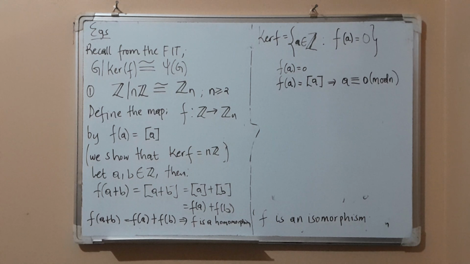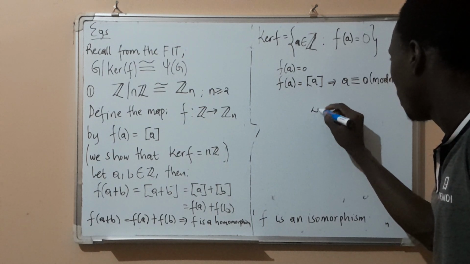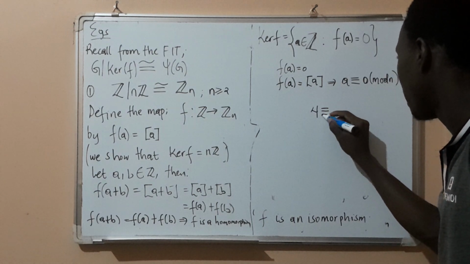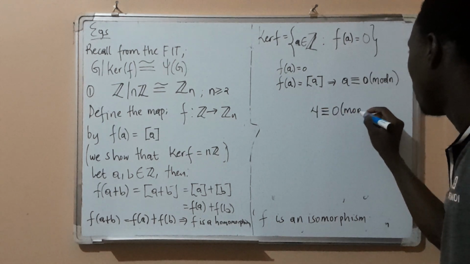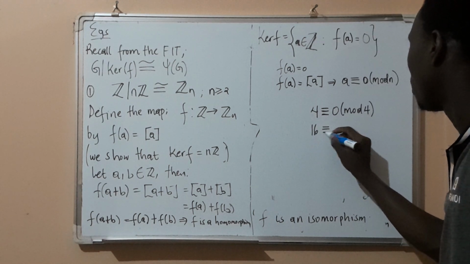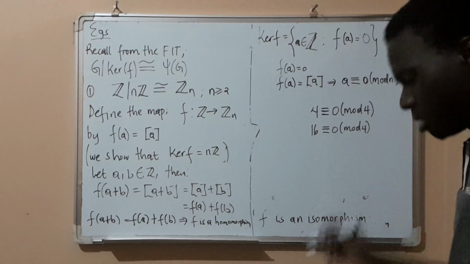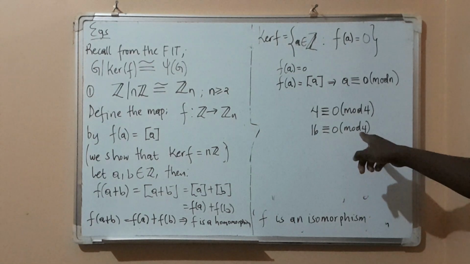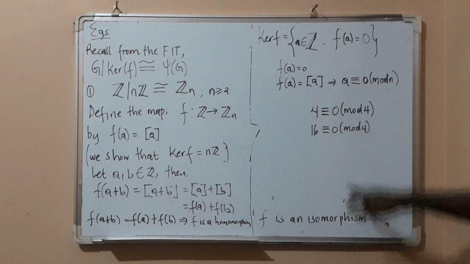For example, let me give you a simple example. 4 is congruent to 0 mod 4, and also 16 is congruent to 0 mod 4. The reason is simple. 4 divides 16, and the remainder is 0.